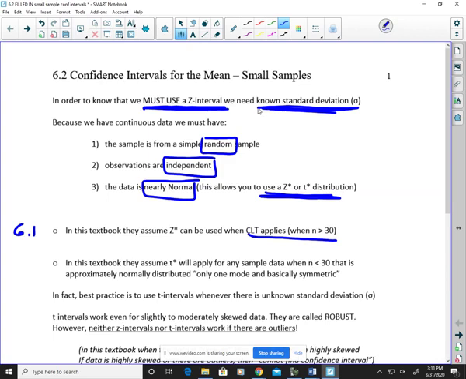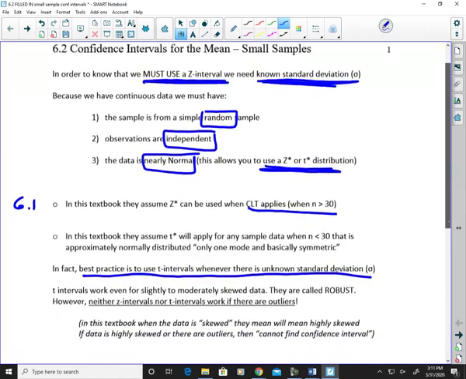It's more generally accepted that you would use a T whenever there's unknown standard deviation, but absolutely have to use Z if it's known standard deviation. But I'm going to generally use a T whenever I have unknown standard deviation because of that best practice. Now, the thing about T is it's very robust because it's based on samples.